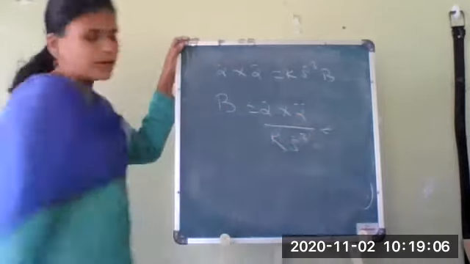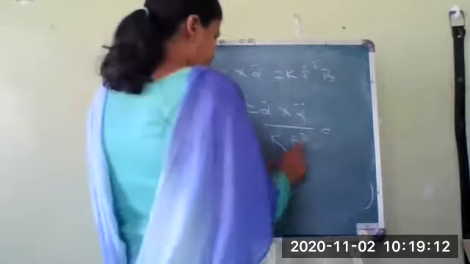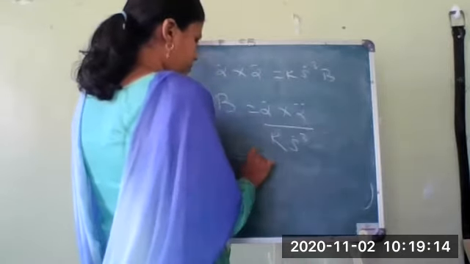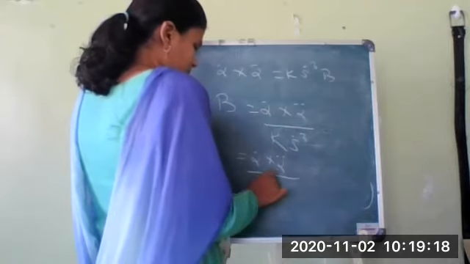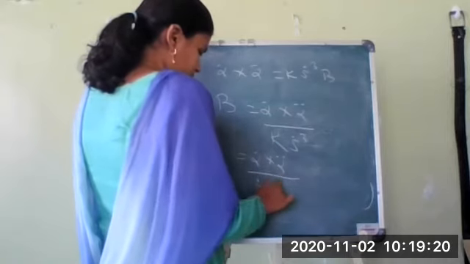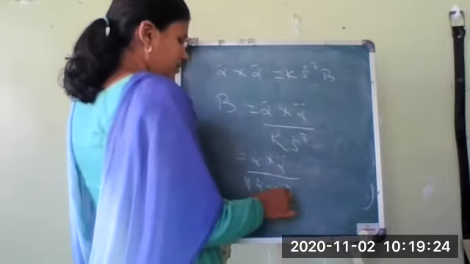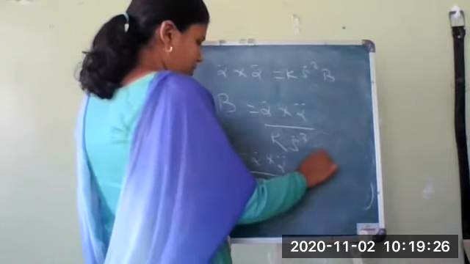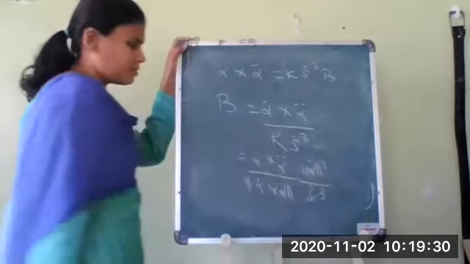What is the formula for k we have obtained? Norm of alpha dot cross alpha double dot divided by norm of alpha dot cube, divided by s dot cube. So these two will get cancelled because both are the same.